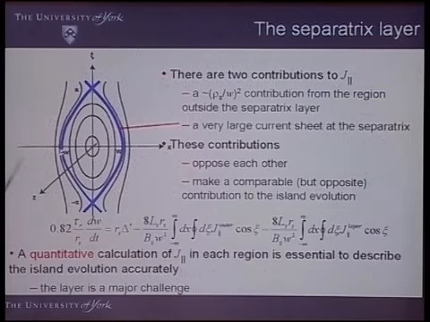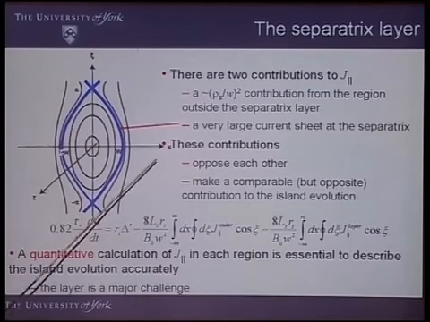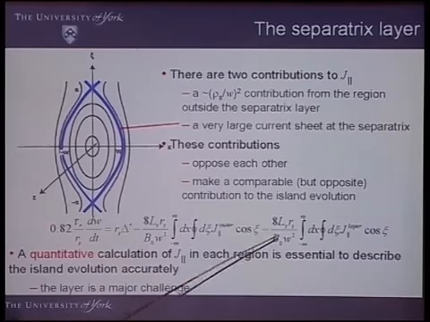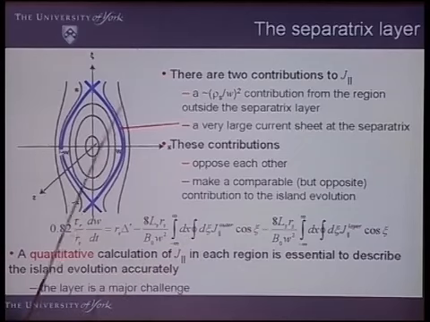So that's just illustrated here. If we look back at our island again, there's a rho s over w squared contribution from everywhere out here. Actually, there's zero contribution to j inside the island. And there's a delta function current sheet at the separatrix. So in actual fact, there's two pieces that I should write down here for the drift effects. One from what I call J parallel outer, the current from out here, the rho s over w piece, and one from the layer current.